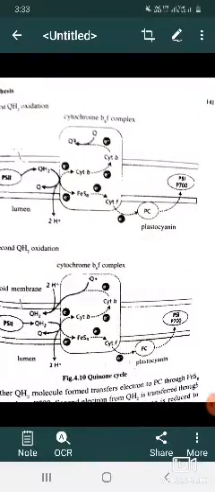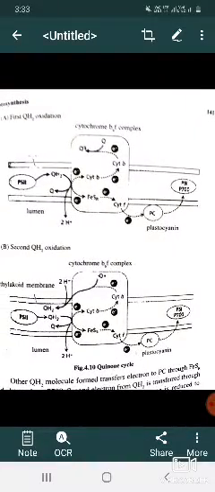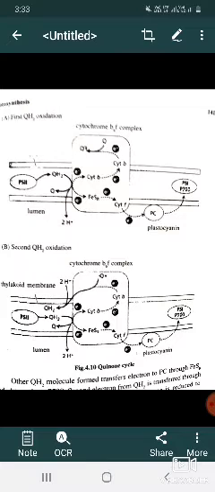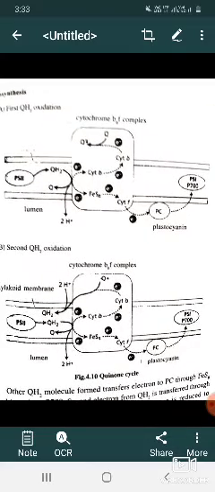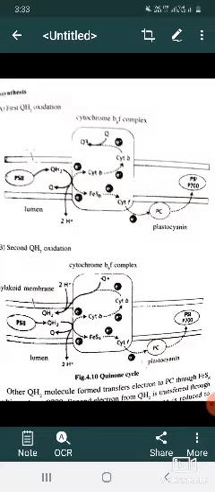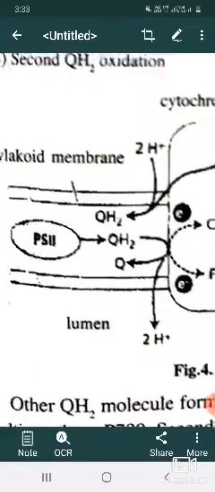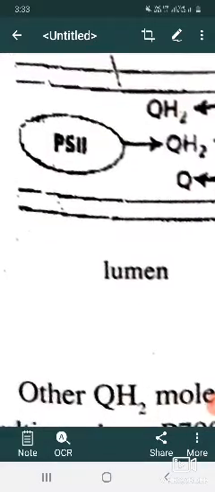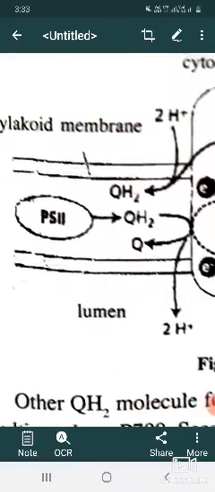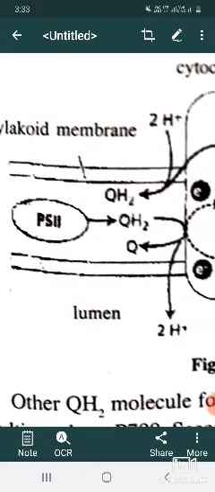So, this transfer of 2 electrons from water to PS2, PS2 to PS1 and PS1 to NADP plus is called non-cyclic electron transport. This is associated with not only the formation of NADPH but also the synthesis of ATP and release of oxygen.